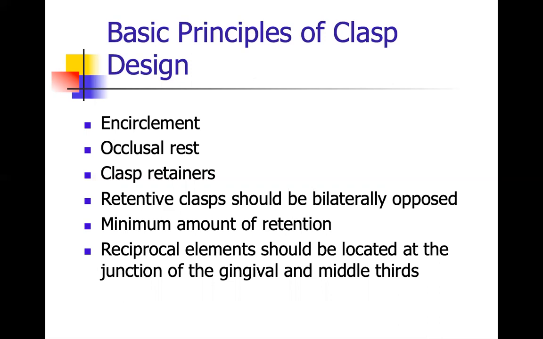Clasp retainers on abutment teeth adjacent to distal extension bases should be designed so that they will avoid direct transmission of tipping and rotational forces to the abutment. Retentive arm should be opposed by a reciprocal arm.